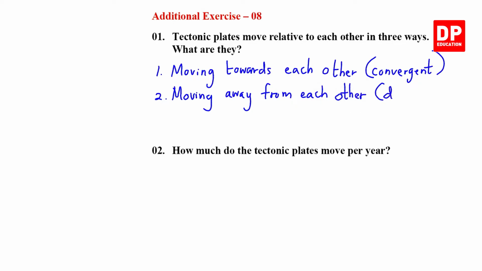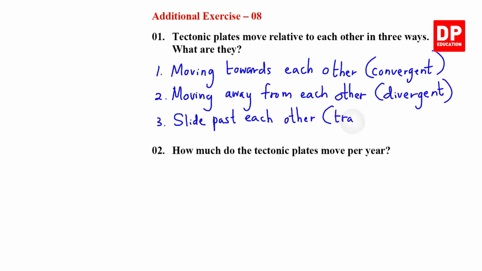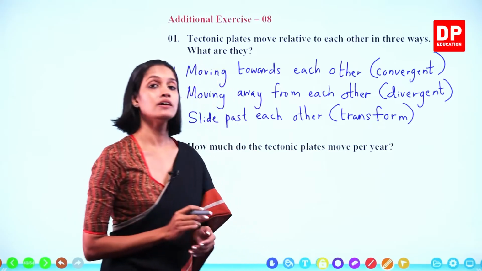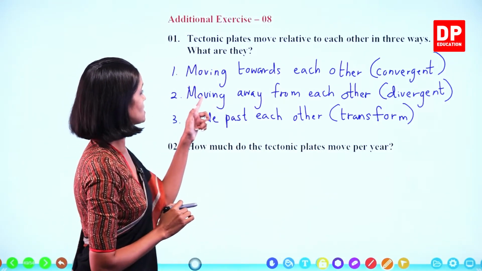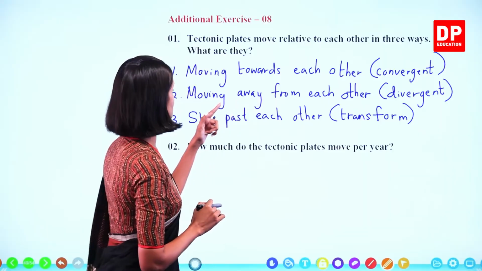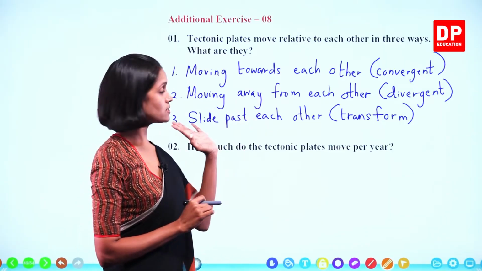This is known as divergent movement. Number 3, slide past each other. This is known as transform movement. Right, children? Moving towards each other, moving away from each other, slide past each other.